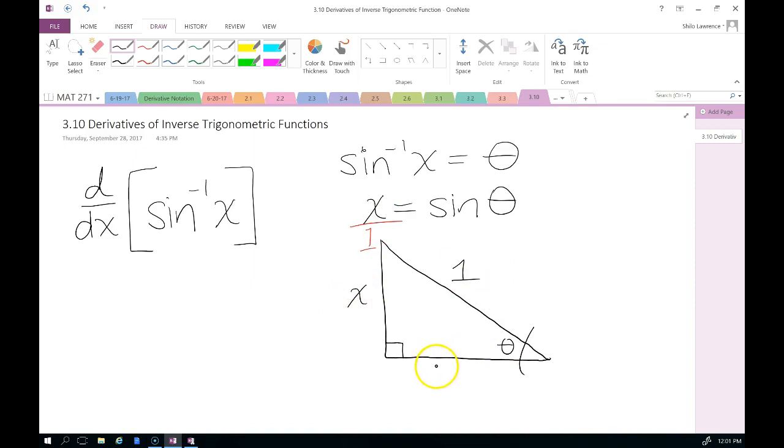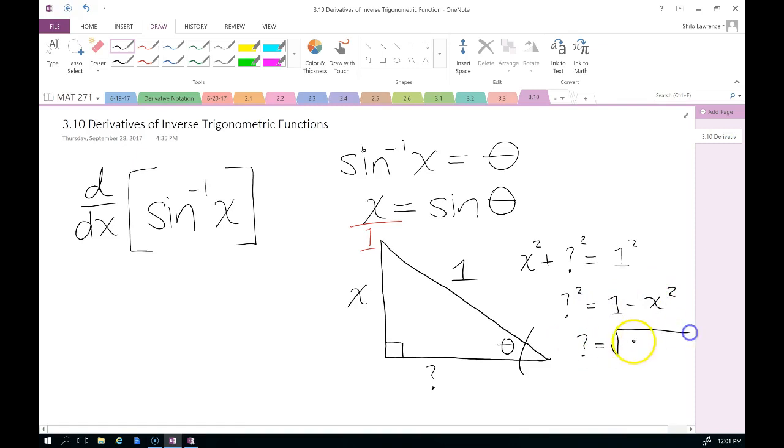By the Pythagorean theorem, we can figure out the other leg. x squared plus question mark squared is equal to 1 squared, which means question mark squared is equal to 1 minus x squared. So our question mark side is the square root of 1 minus x squared. This triangle represents the x equals sine theta expression that we have.